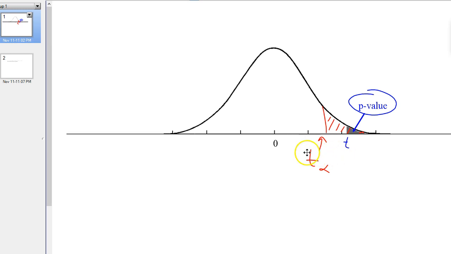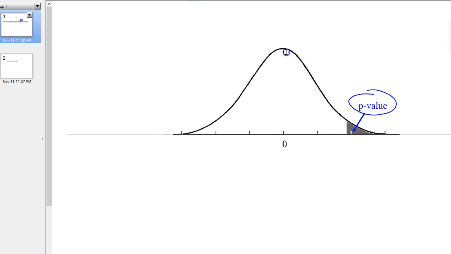We're so far away from where we're claiming that we should be that I don't believe that this claim is right. I don't believe that the null hypothesis is correct. And what the alternate hypothesis is, if you remember, like in a right-tailed test, like we've got illustrated here, is that the mean, instead of it being here, or the proportion, instead of it being where we've got it located, the proportion is actually probably higher than that. And watch what happens.